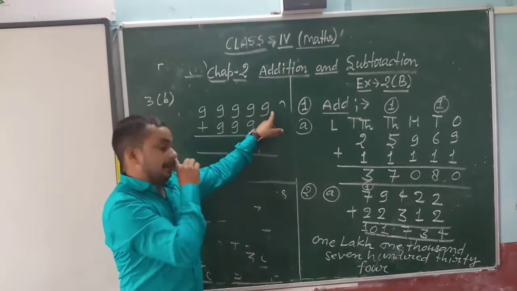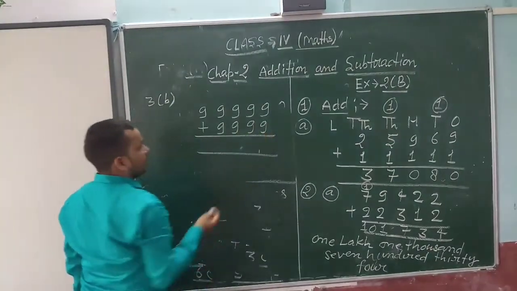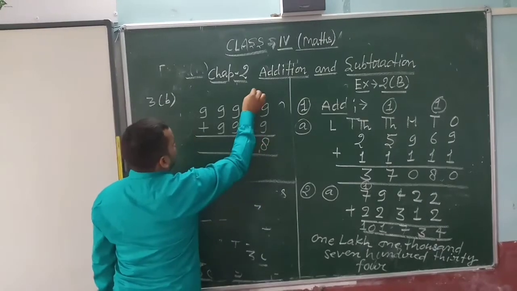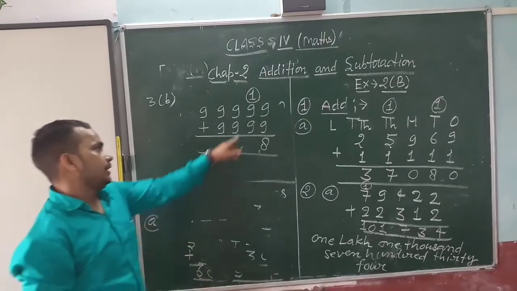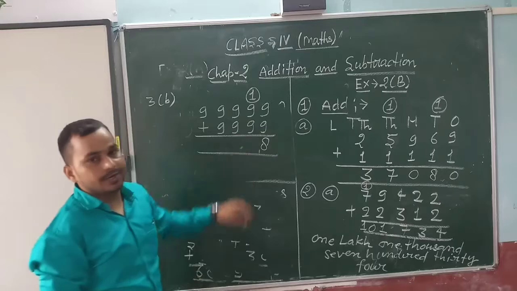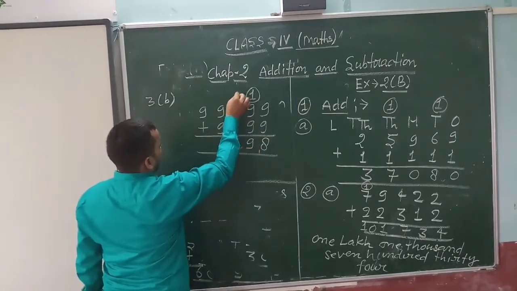To add from the ones place, 9 plus 9, 18, 1 is carry over. Then 9 plus 1, 10, and 10 plus 9, 19. Carry out 1.